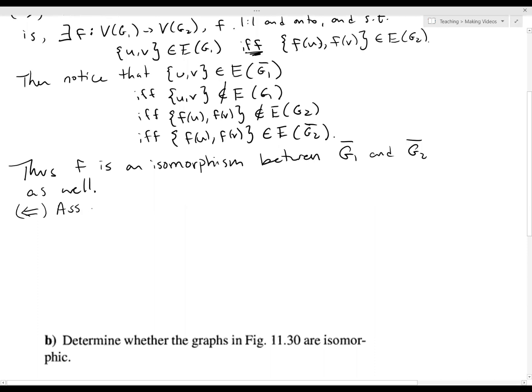Back to the example. So now I assume G1 bar and G2 bar are isomorphic.